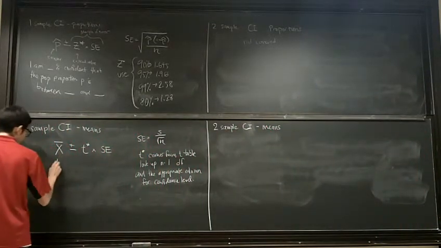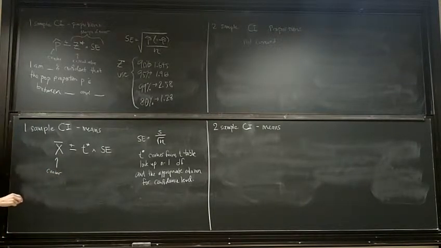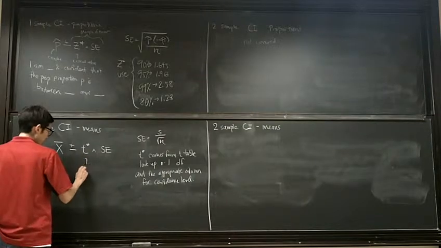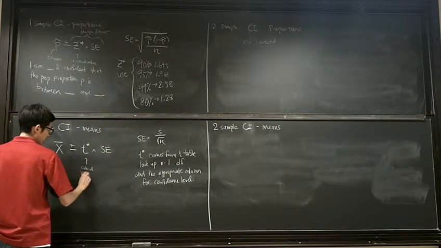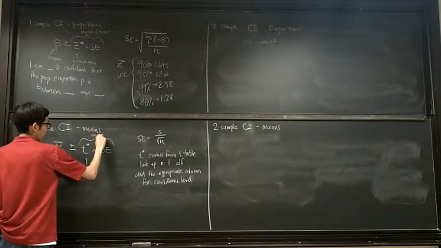The center is x bar, the estimate of mu. The center is the estimate of whatever parameter we're trying to estimate. Again, this is my critical value. That's still my standard error. This entire thing is my margin of error.